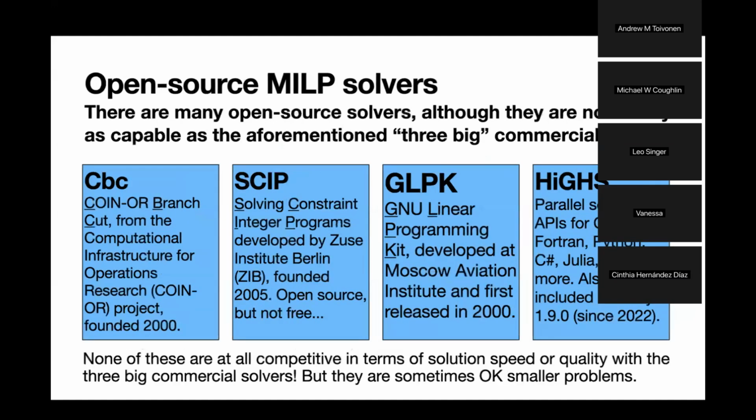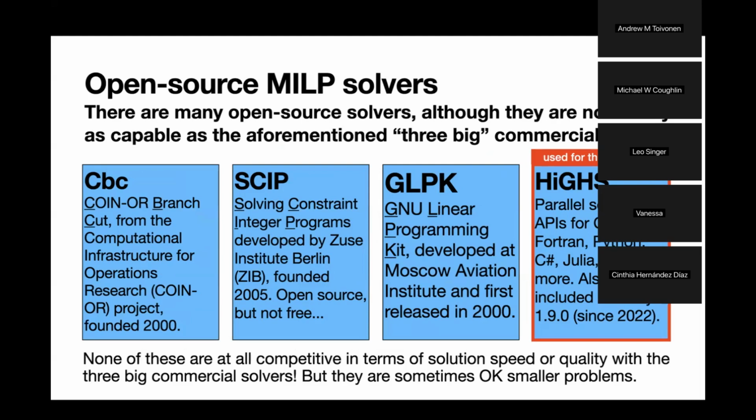There are several really good open source solvers, and I've listed 4 of them here. They have very similar interfaces to Gurobi and Cplex and FICO Express, but they're just not nearly as fast, and they will not be able to solve as many problems as Gurobi and Cplex and Express can.